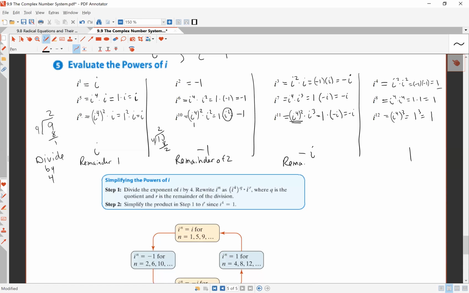These numbers all have a remainder of 3. 11 divided by 4 is 2, times 4 is 8, remainder 3. And these all have a remainder of 0, because 12 is divisible by 4. And so to simplify large powers of i, you divide the exponent by 4, and then what's left over is the remainder.